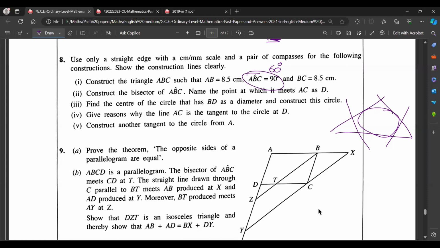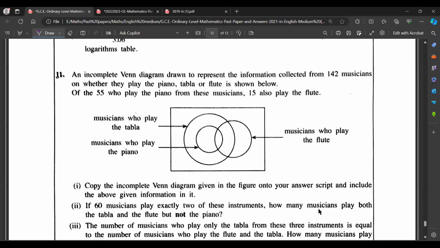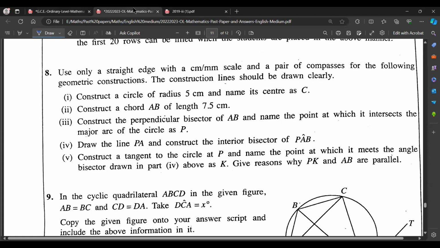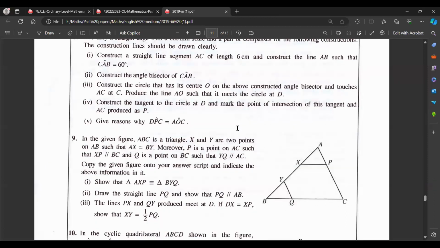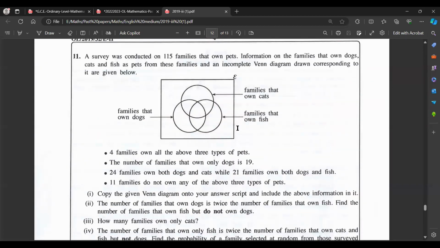Please refer to that. And I believe they will ask a set question like the 2019 one.